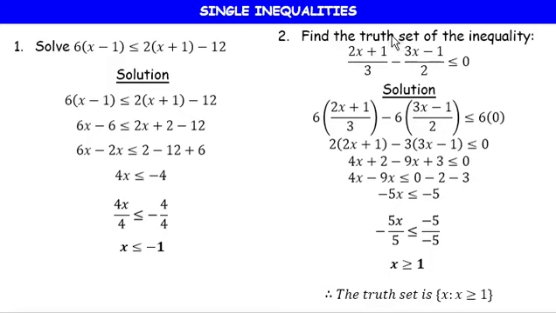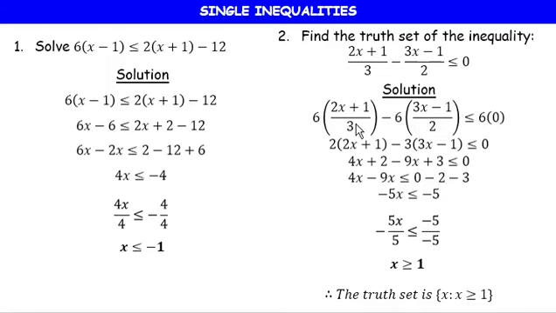So we have to find the truth set of the inequality 2x plus 1 all over 3 minus 3x minus 1 all over 2 is less than or equal to 0. Right? So whenever you have a fraction, like we saw under linear equations, you are supposed to multiply it through by the LCM so as to get rid of the denominators.